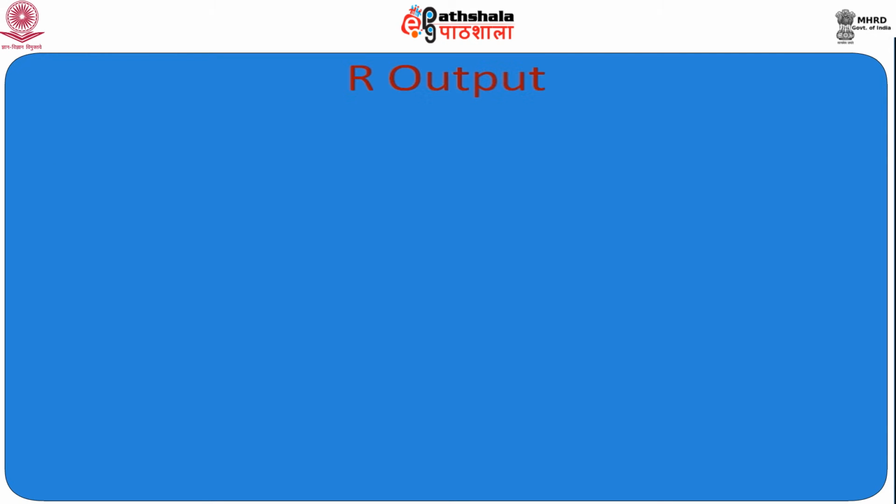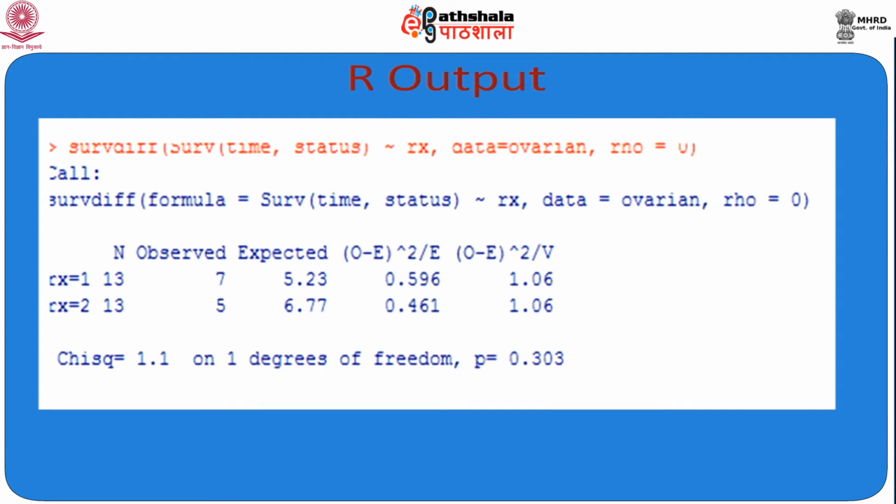Now this is the output where we have considered rho equals to 0 for the data equals to ovarian, with Surv time and status with Rx given. Since both arms have an equal number of patients, 13 in each, Rx equals to 1 has 13 and Rx equals to 2 has 13, and observed and expected are given as 7 and 5.23.